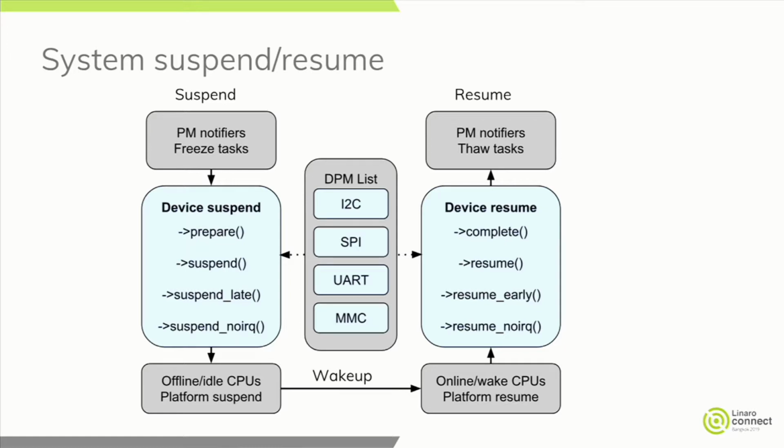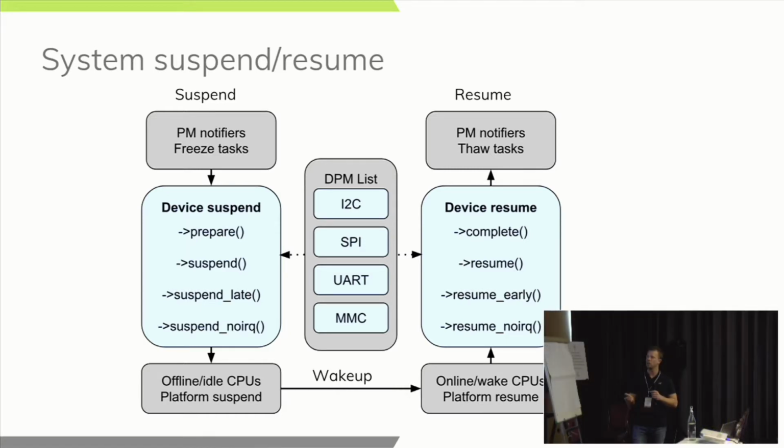And when you do the suspend thing, there is a bunch of callbacks that this PM core is going to be invoking per device. Assuming that we have these 4 devices, it means that the prepare callbacks are going to be invoked for the I2C, SPI, UART and MMC in an ordered way.